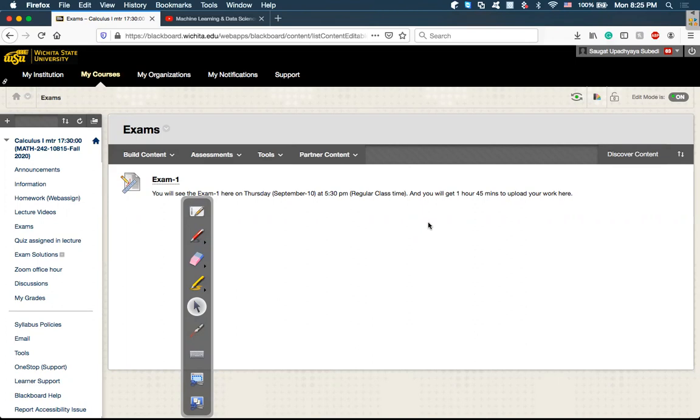But if you upload some other file format, there is a good chance of me not being able to see your exam, and in that case you will just get 0. So please use a PDF file, just to be on the safe side. Once you see the exam, just upload your exam here, just like you do for the quiz. Pretty straightforward; I don't think there is any tricky thing here.